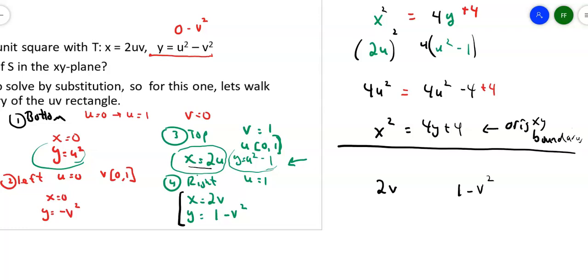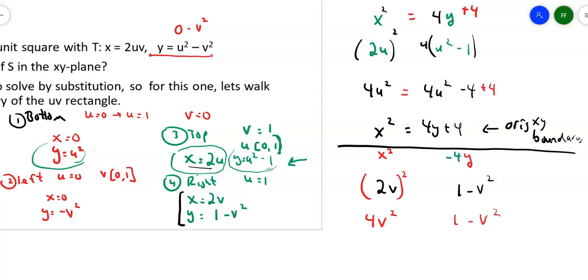Well, maybe I'll use the same trick as I had last time. Square the left side. So that 2v was my x. We're going to square that. The 1 minus v squared is my y. So now I've got 4v squared and a 1 minus v squared on the other side. Well, maybe I should multiply the right-hand side by negative 4. Maybe that'll help me.